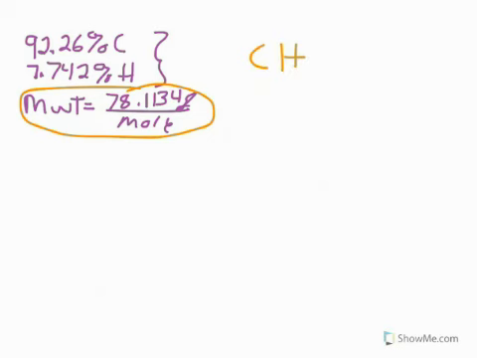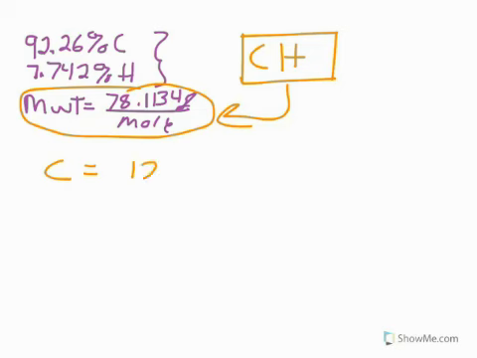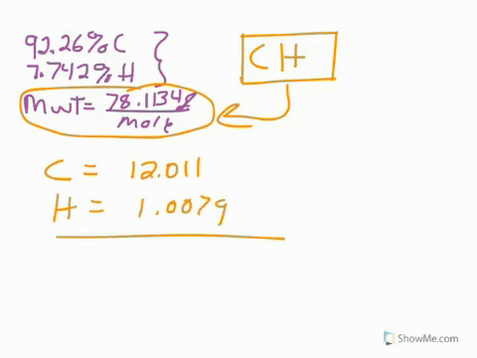That's the empirical formula. Now, to get the molecular formula, what we do is we calculate the empirical weight. This has got to add up to 78.113. Well, for carbon, atomic weight is 12.011, and for hydrogen, it's 1.0079. Well, that certainly does not add up to 78.1134.